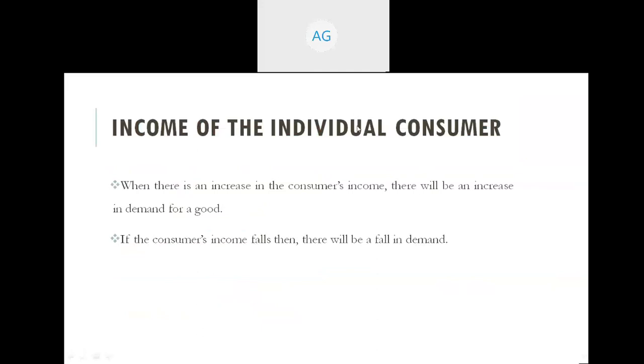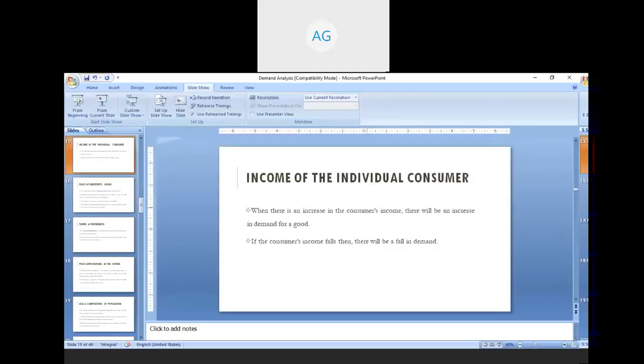So first is income of the individual. As you can see clearly, the first determinant is income of the individual consumer. So here the definition is when there is an increase in the consumer's income, there will be an increase in the demand for the good, because the demand of a particular consumer basically depends on its income.